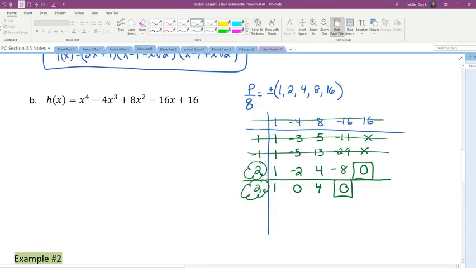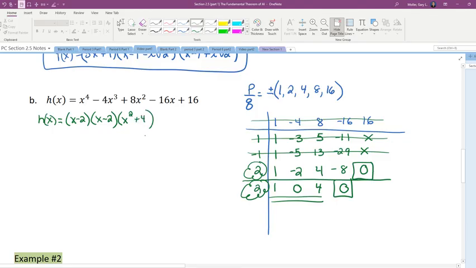And now I'm left with a quadratic. So I know that h of x factors into x minus 2 times x minus 2 and x squared plus 4.